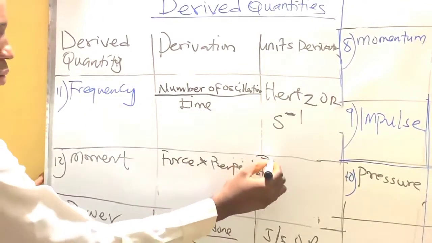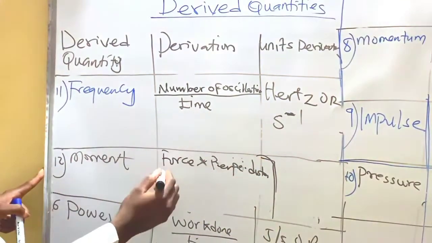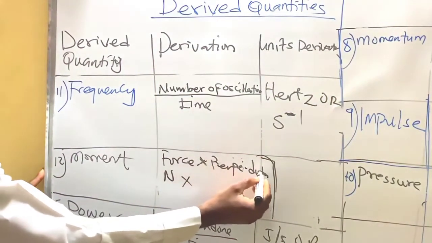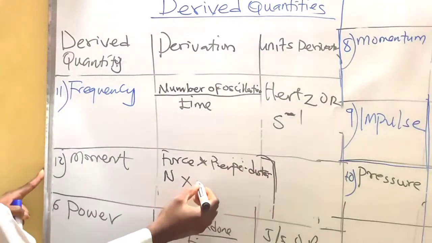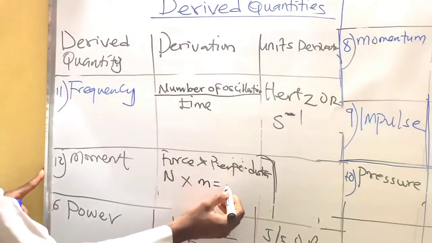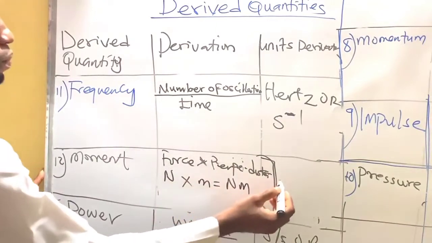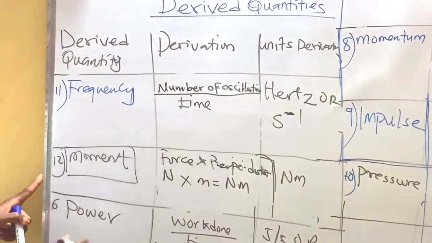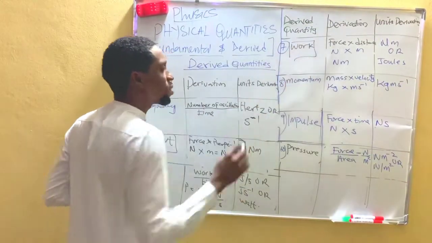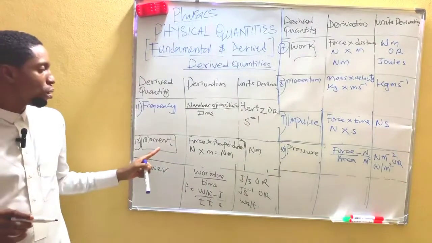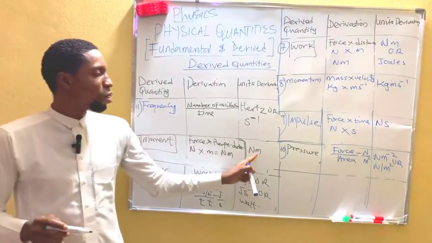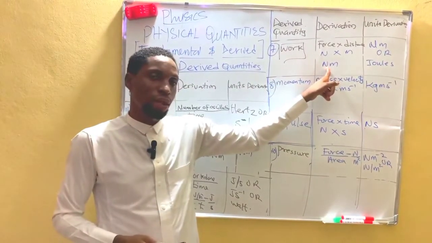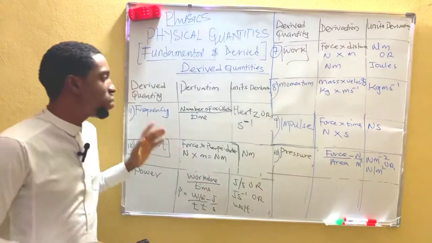Force times perpendicular distance. So a force is measured in what? Newton. Perpendicular distance is measured in what? Meter. So you have the unit to be what? Newton meter. So moment and work have the same SI unit. Moment is measured in Newton meter, while work is measured in Newton meter. So both of them have the same SI unit.